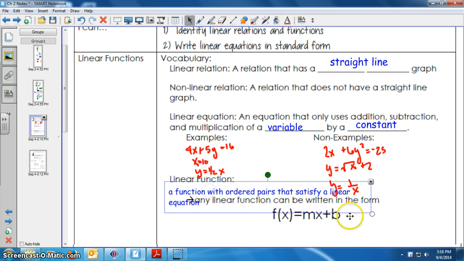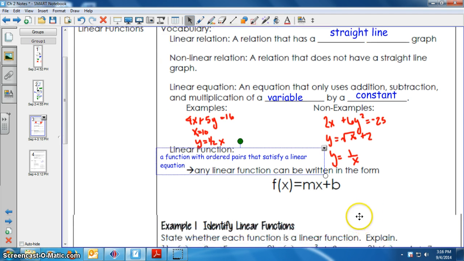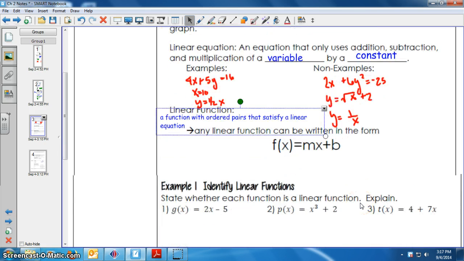Any linear function can be written in the form f of x, which we know is the same thing as y. It just means function of some number that we could plug in for x, equaling mx plus b. M meaning our slope, b meaning our y-intercept.